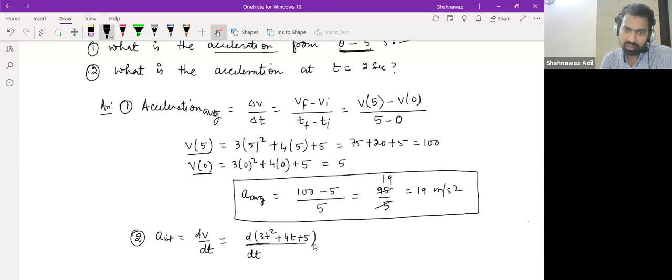So you guys just calculate this and tell me the answer. Everybody please calculate this. What would be the differentiation? Quickly calculate and tell me the answer.